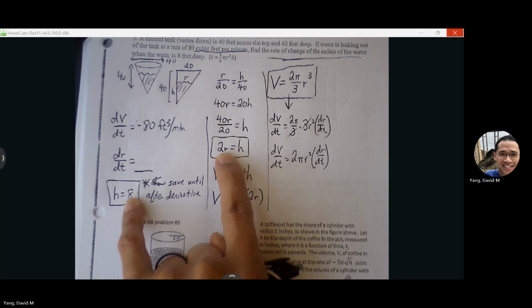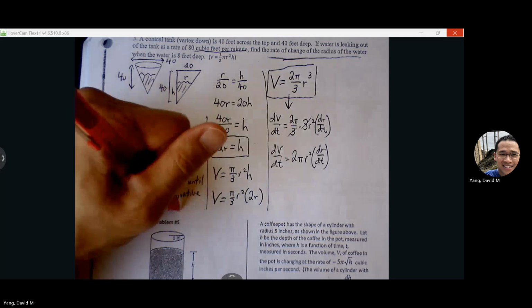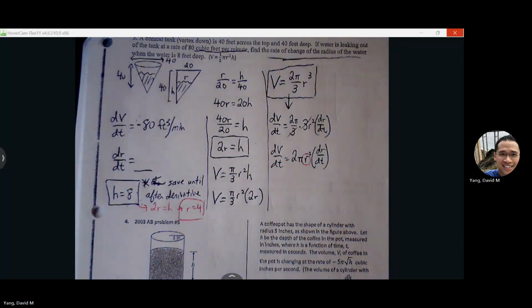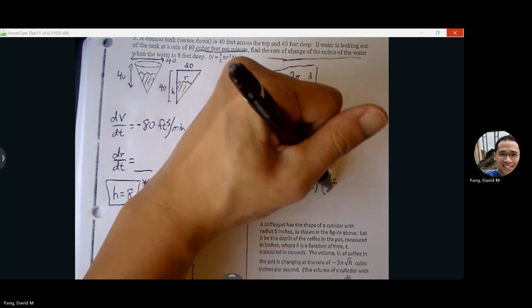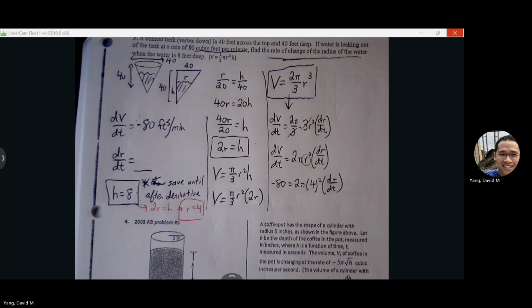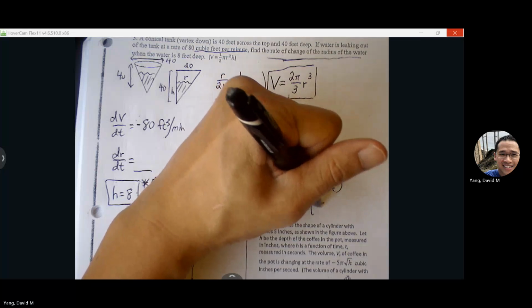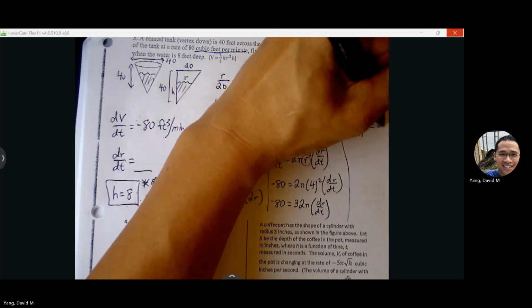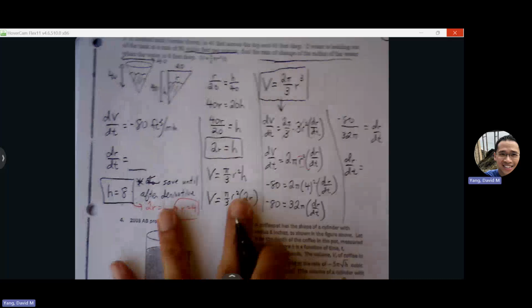So my radius is going to be 4. 80 and 32 can reduce.